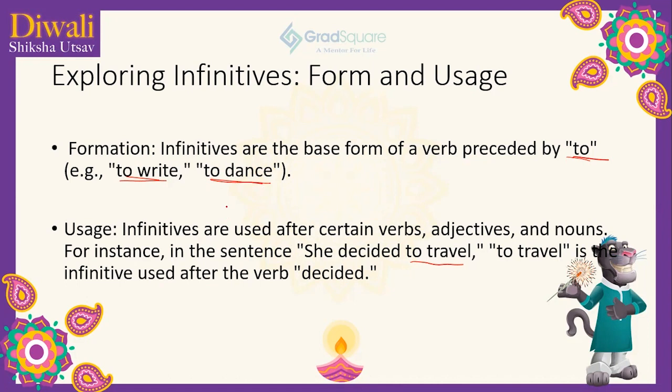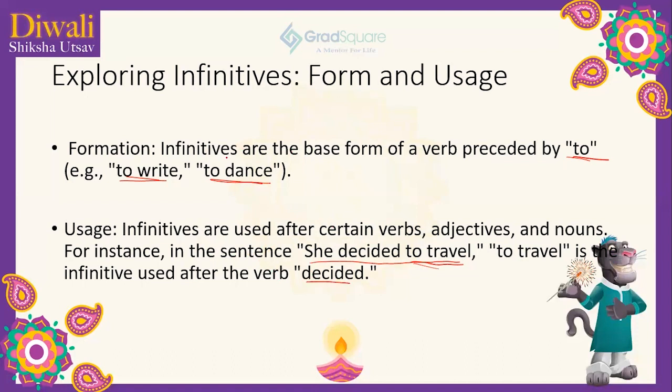And talking about the usage of infinitives, infinitives are used after certain verbs, adjectives, and nouns. If we take a look at this sentence, it says, she decided to travel. Here the infinitive is to travel, and this infinitive is used after the verb decided.